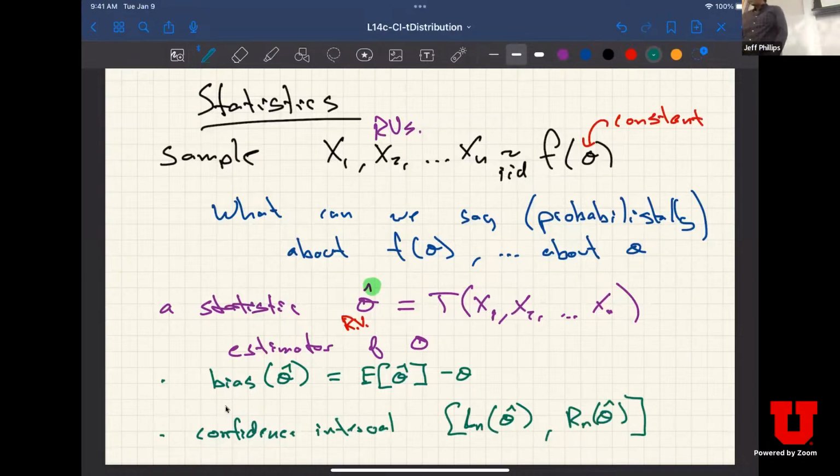And it should have the property that the probability that the true value of theta is in this range, Ln up to Rn, is equal to 1 minus alpha. So this would then be a 1 minus alpha times 100% confidence interval.